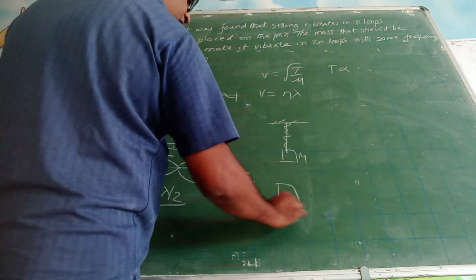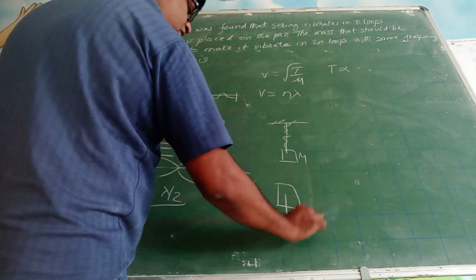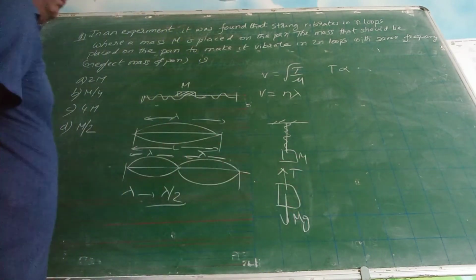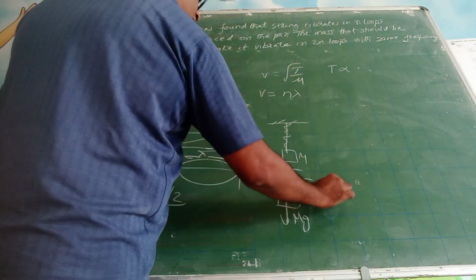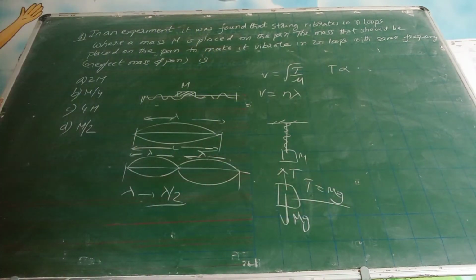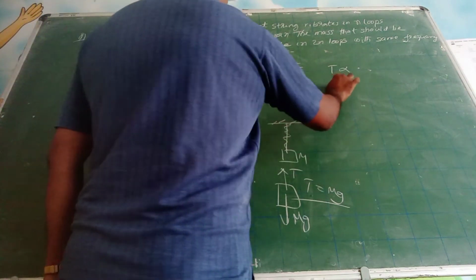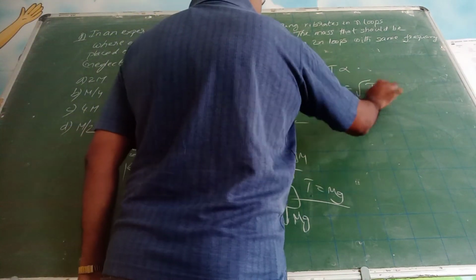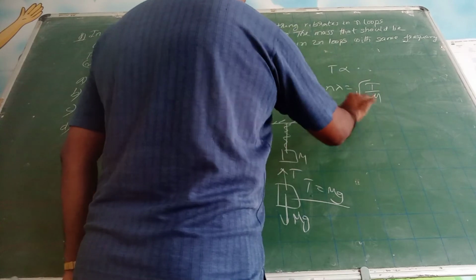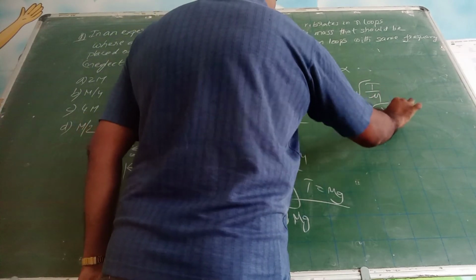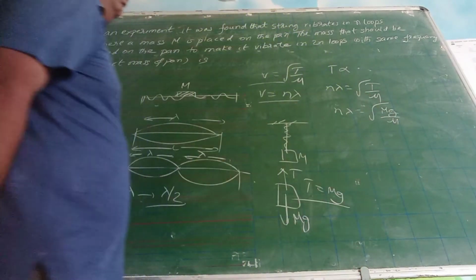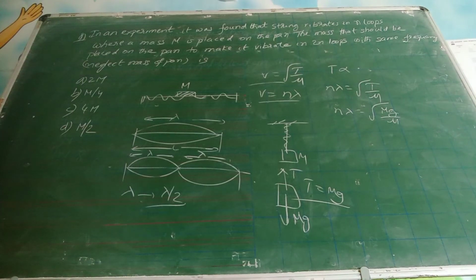If you draw the free body diagram, the mass is acting downwards, the tension is acting upwards. So the tension will be equal to the weight. Alright. So we can equate these two. You get n lambda is equal to root over t by mu, but t can be written as mg. So this is the final expression we are getting.